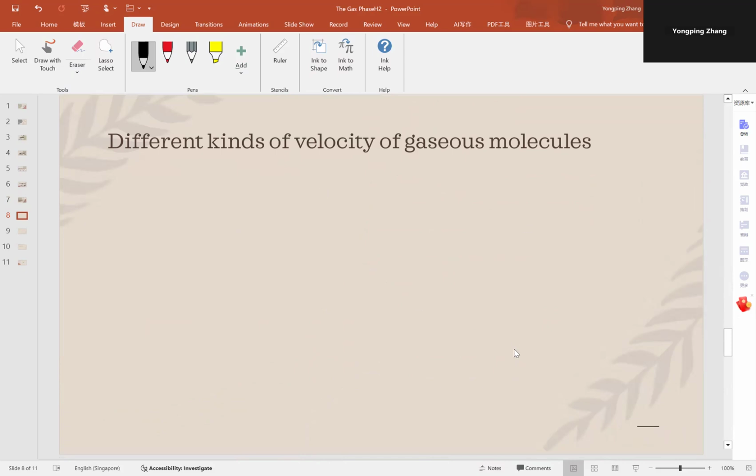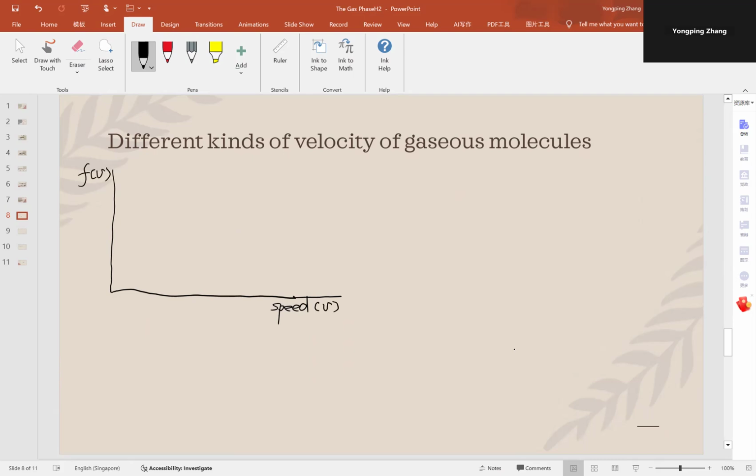For a chamber with different kinds of molecules, they have different speeds. This is the fraction, the relative number of molecules.